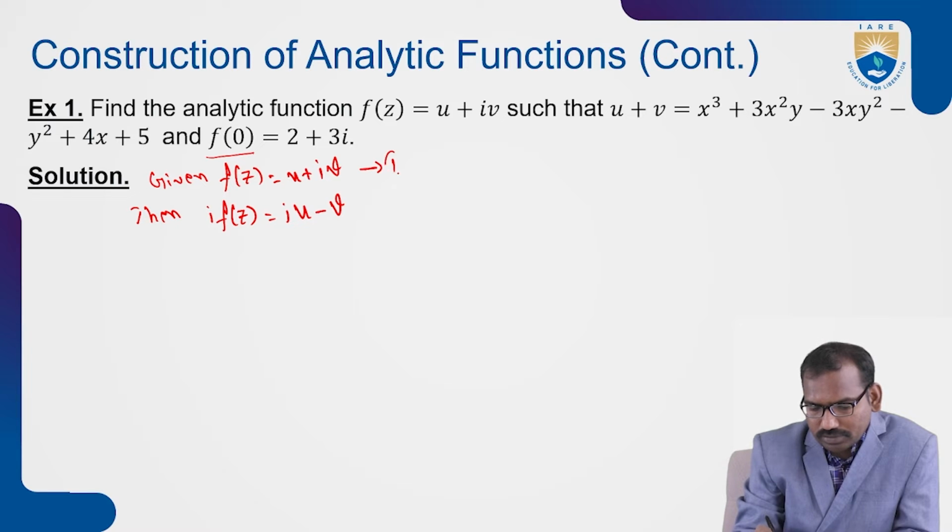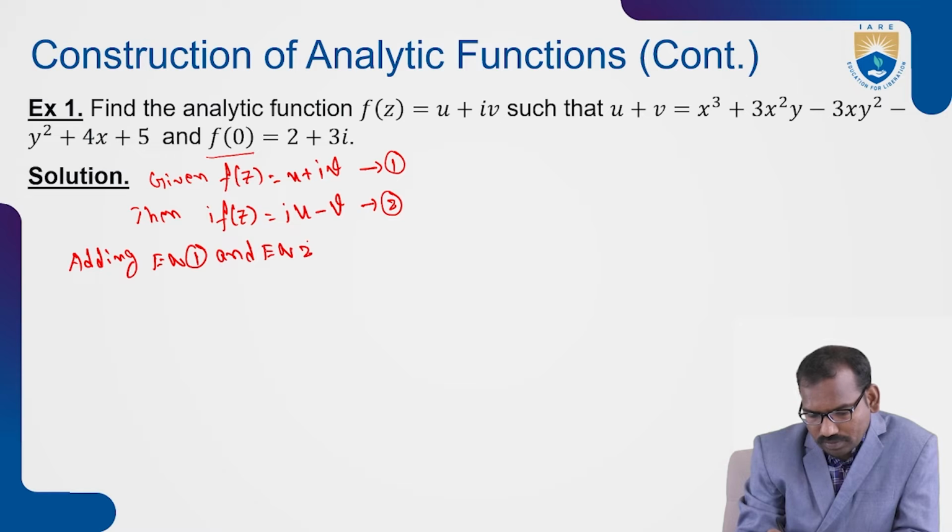So if I take the first as equation number 1, and the second as equation number 2, then adding equation 1 and 2, we get 1 plus I times small f of z.